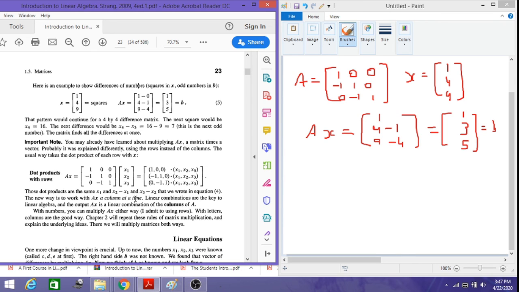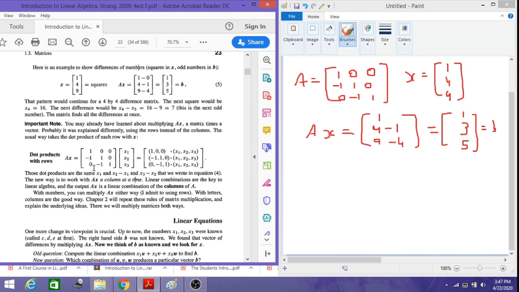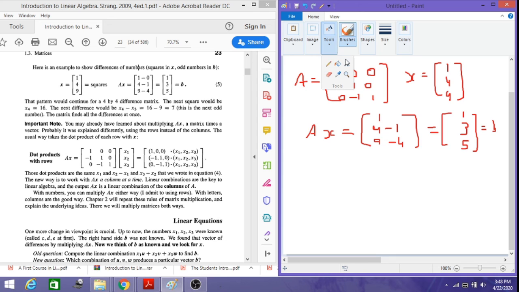Now let us look into the dot product with rows. How does it look? If you want to write this in a very general way, the dot product, then we'll wind up the session.